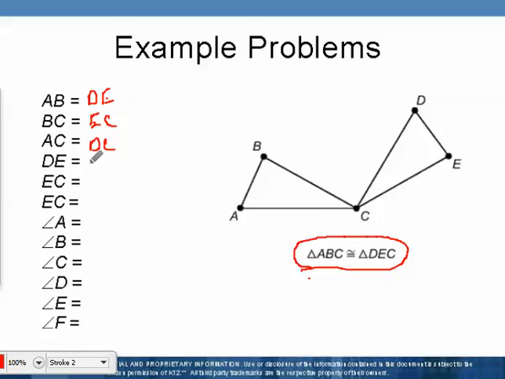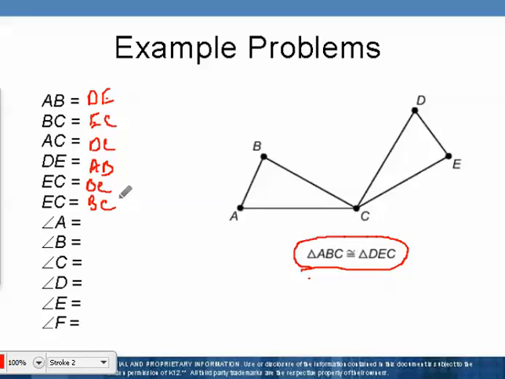If I'm looking for the congruent side to DE, I'm looking for AB. If I'm looking for the congruent side to EC, I'm looking for BC. I wrote the same thing twice. Okay? That was kind of funny, but it worked.